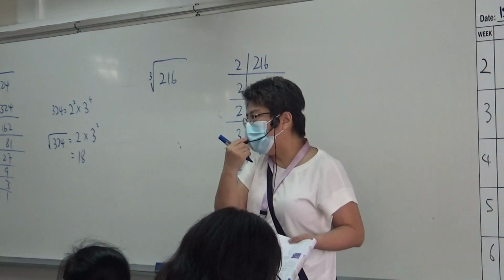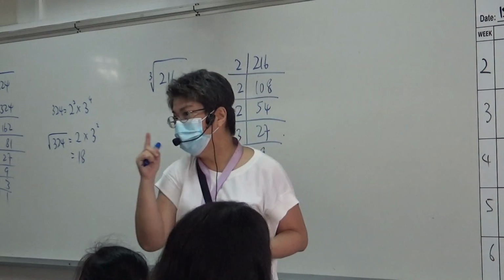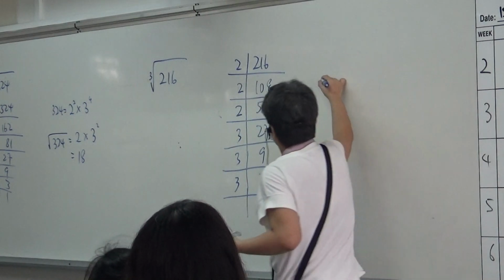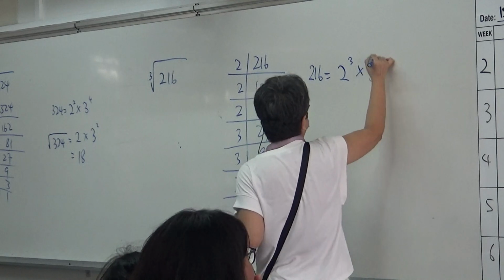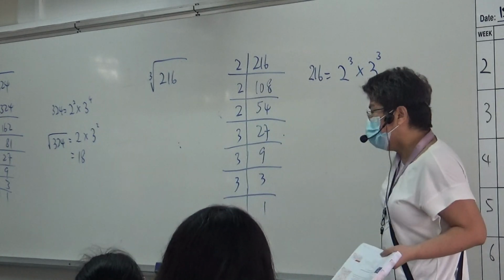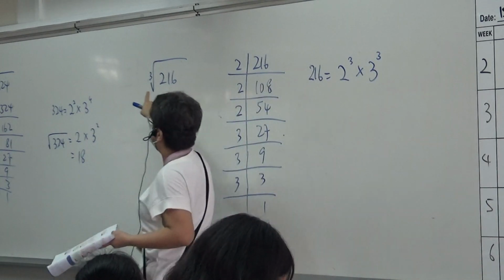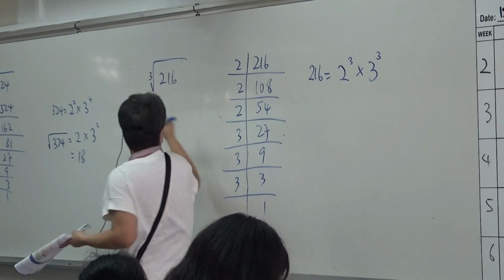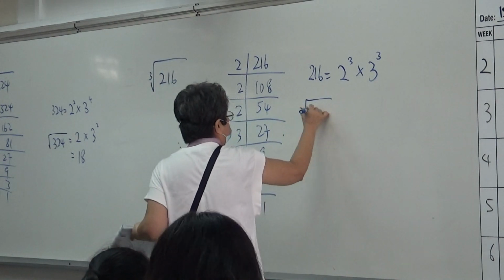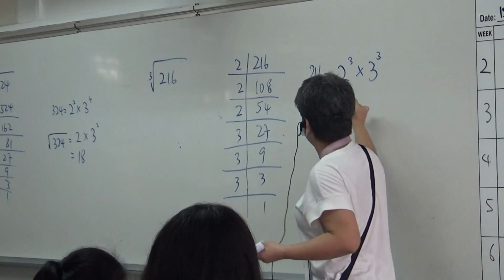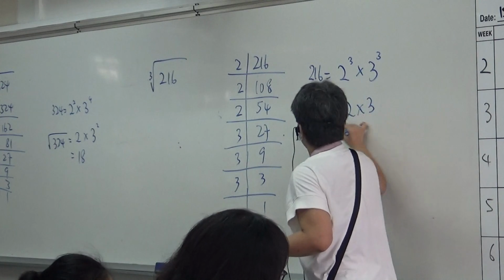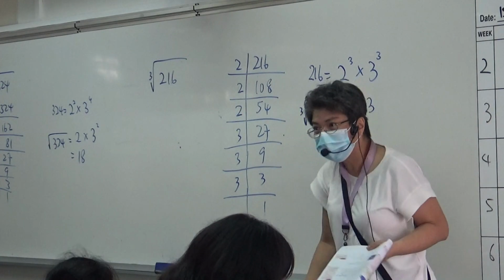Now, can you see I only use prime numbers? So, 216 will be 2 to the power of 3 times 3 to the power of 3, right? Now, mind you, what power is this? Cube root. So, cube root of 216 will be every 3 times you take out one. So this is 2 times 3, answer 6.